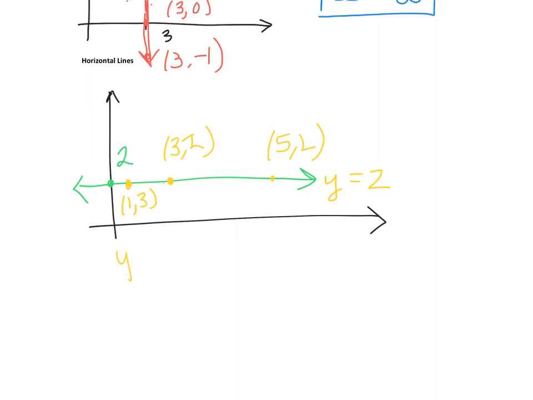And for horizontal lines, y is a constant, and x can do whatever it wants. So again, for our horizontal line, we're just going to see one variable. And the generic way of writing it as a formula is y equals b, where b is a number, like y equals 2, or y equals 1/2, or y equals 1,000, something like that.